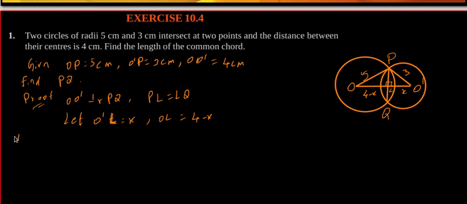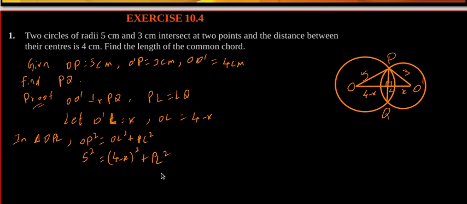In triangle OPL, according to the Pythagoras theorem, OP square equal to OL square plus PL square. OP is 5, so 5 square equal to OL square, which is 4 minus X the whole square, plus PL square.